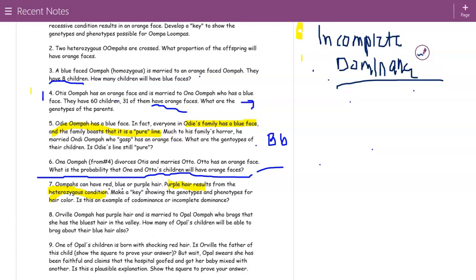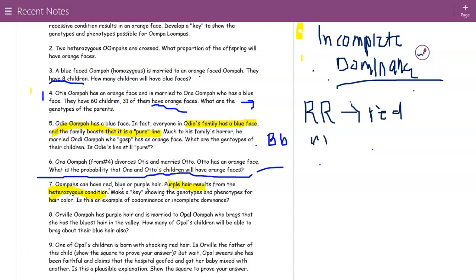Okay, so step by step, make a key showing the genotypes and phenotypes. Let's go with red. Okay, that is red hair.